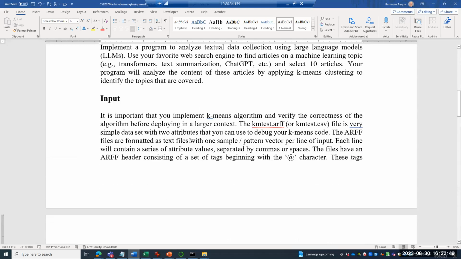But before you move your k-means algorithm to this domain, you should test on a smaller data set. I provide a smaller data set called KM test. You can look into it, plot the data, and make sure that your algorithm works first.